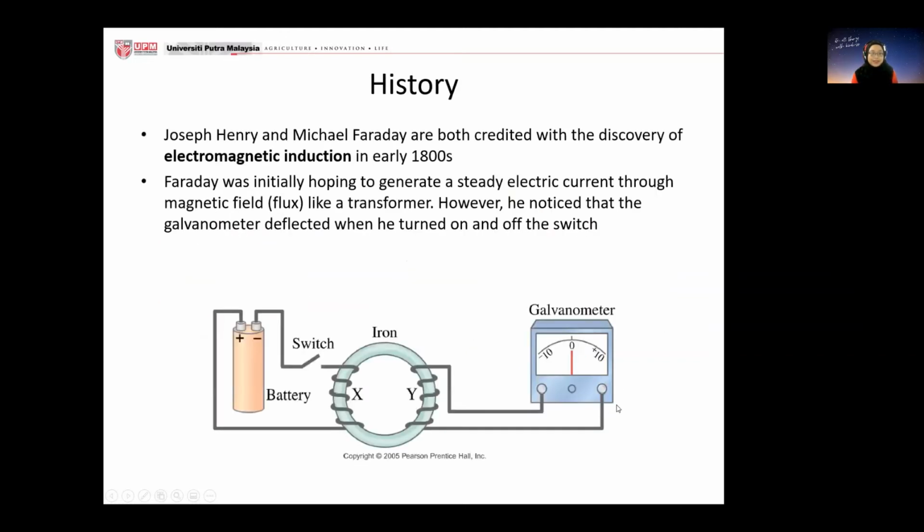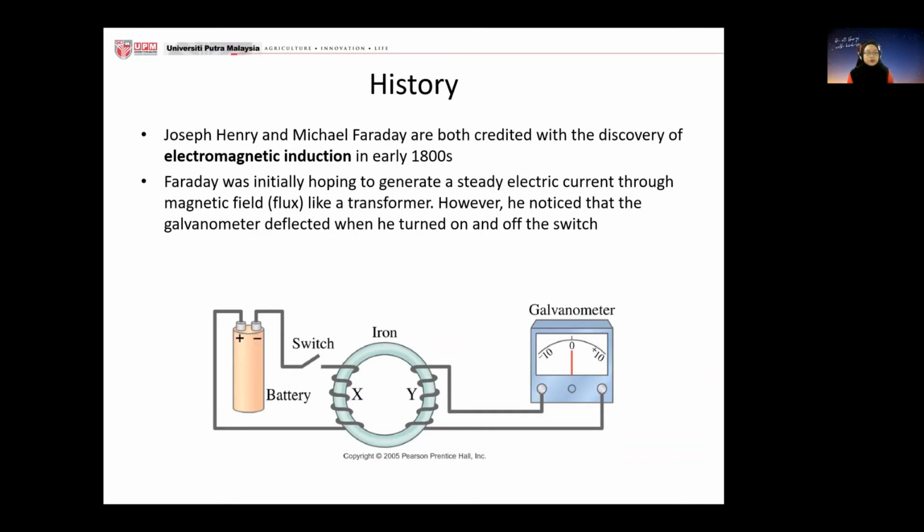In the early 1800s, Joseph Henry and Michael Faraday are both credited with the discovery of electromagnetic induction. That is the keyword there, electromagnetic induction, and we'll look into that further later on. Just now, I was talking about how you can magnetize metal.